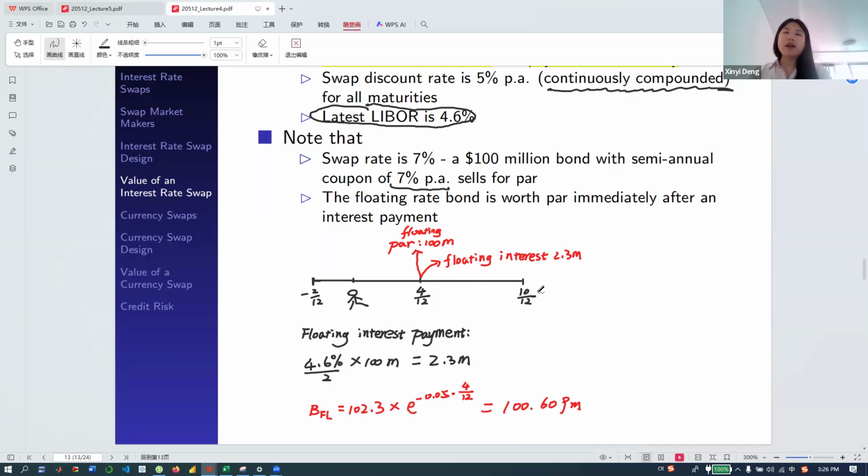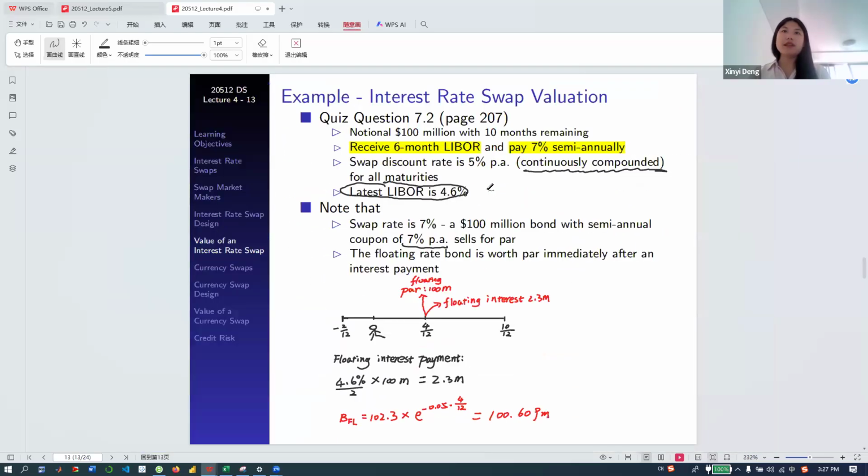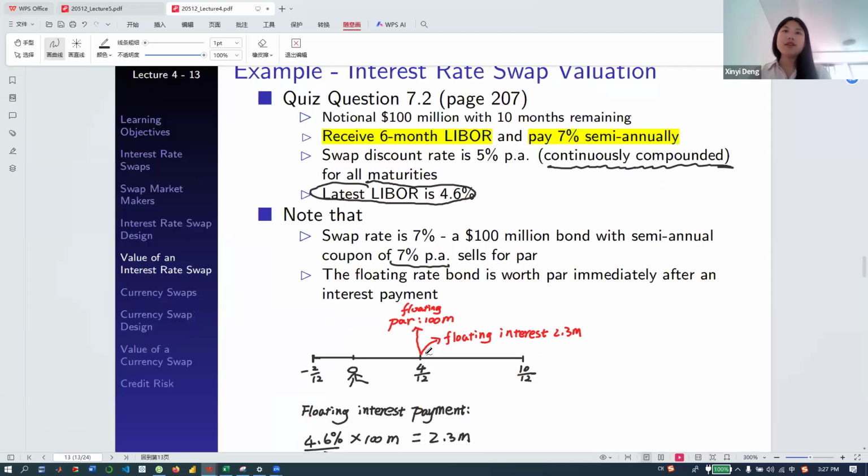So here I'm trying to evaluate the floating rate bond first. For the floating rate bond, we know the latest LIBOR rate. So we know the LIBOR rate at this time here. Our current time is here, and we know the LIBOR rate 2 months ago.